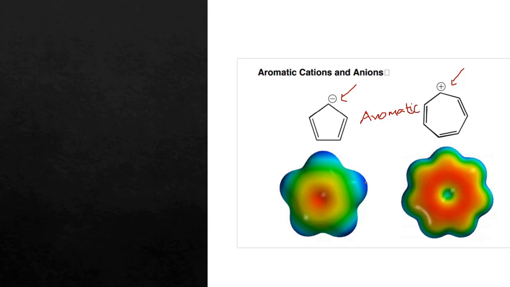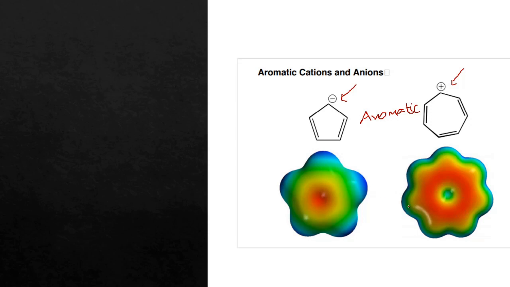But even though they are aromatic in nature, you can see the difference in the electron distribution inside the molecular framework. In the case of the anion, you can see the molecule has a dark blue outer region and a very mild inner core region, whereas in this case the density and the distribution is somewhat different.